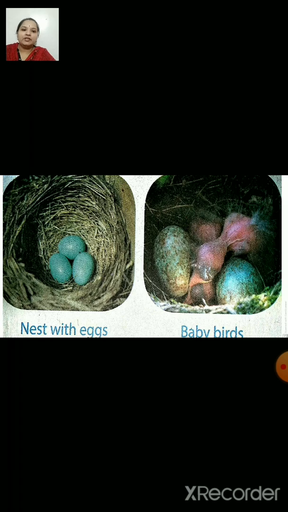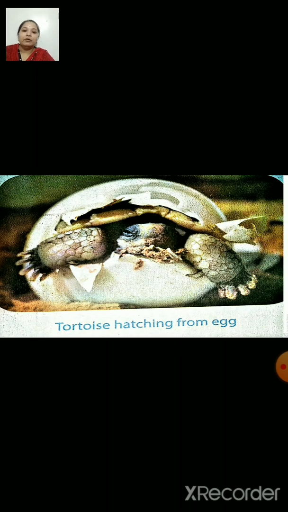And in the next photo, are you able to see a baby bird coming out from the egg? Now this is a tortoise hatching from an egg. So a tortoise also hatches or comes out from the egg. So it gives birth by laying eggs.